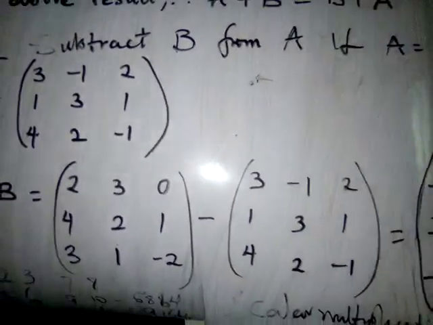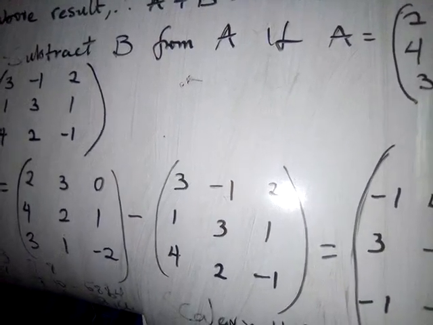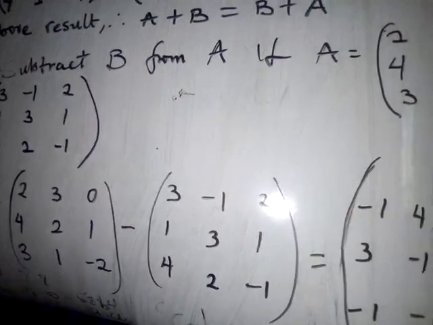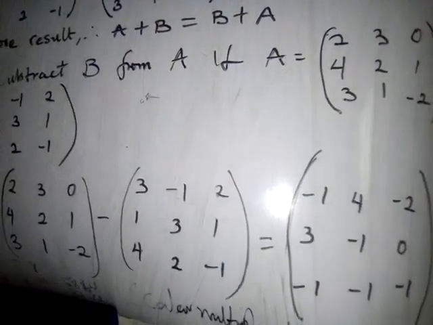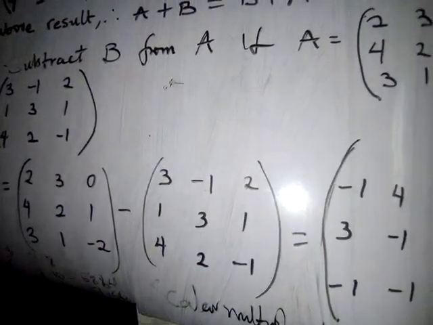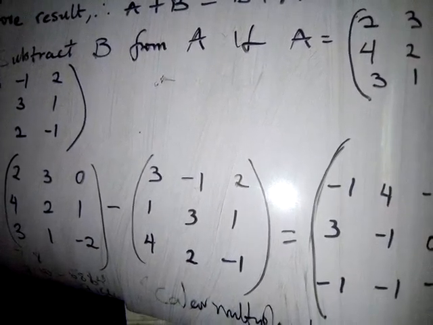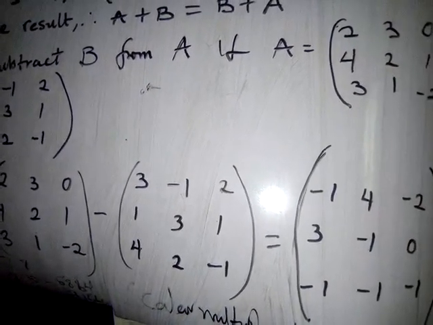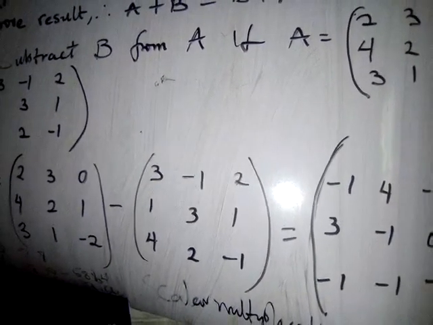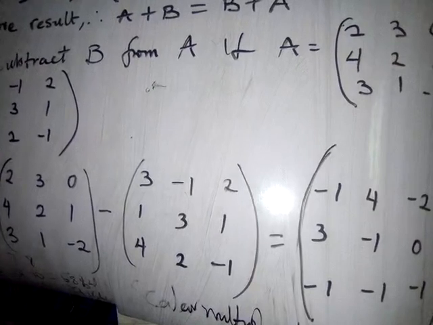So if we have that, we have 2 minus 3 will give us what? Minus 1. You understand? Why 3 minus 1 will give us what? 2. And 0 minus 2 will give us what? Minus 2. 4 minus 1 will give us what? 3. 2 minus 3 will give us minus 1. 1 minus 1 will give us 0. 3 minus 4 will give us minus 1. 1 minus 2 will give us minus 1.